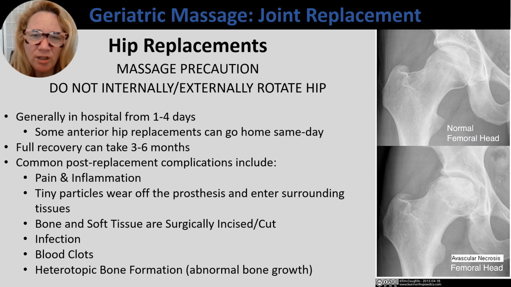That would usually only happen with something like a plastic implant, which has been used in the past. I don't think they use that as much anymore because of those complications. And of course, infection, pain, swelling, all can occur around the surgical incision site. So we need to be careful working around these areas if you are working around them right after surgery.